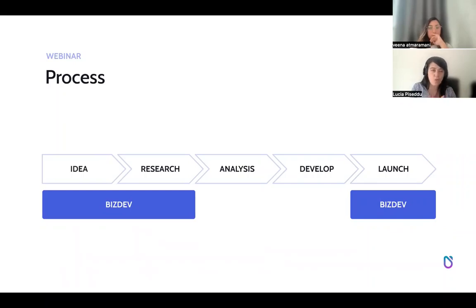Because obviously we're always in touch with our main stakeholders, be it customers or partners, which means we can actually get a lot of insights, a lot of input from them, which we can transform into features and new products. However, the analysis and development of these features is done in collaboration with other teams, and then BDs come back in the launching phase, right, of these new features, new products.